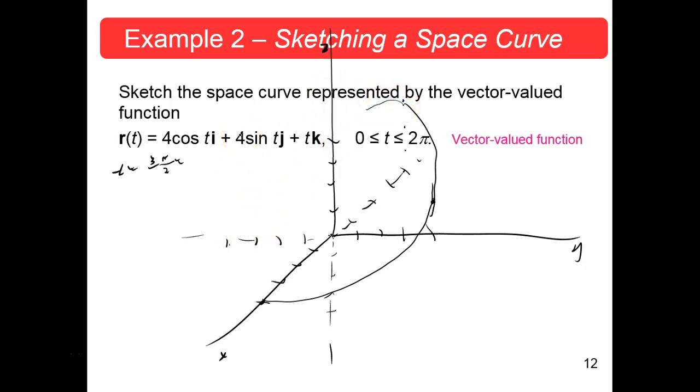And your z would then be, oh boy, what are we at? 3/2 pi? That'd be about 9/2, about 4.5, a little bit more than that. So you were over here, and you go up 1, 2, 3, 4, 5, 6, 7, 8, 9. Okay, so somewhere about there. So this one goes up here to there.